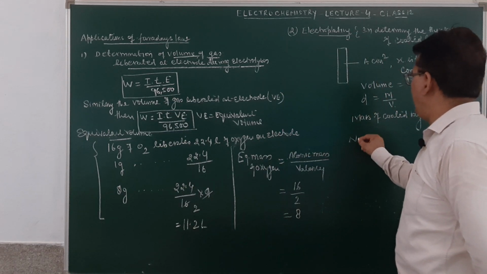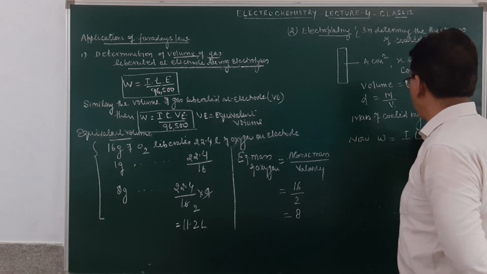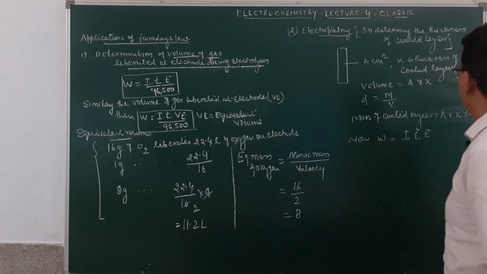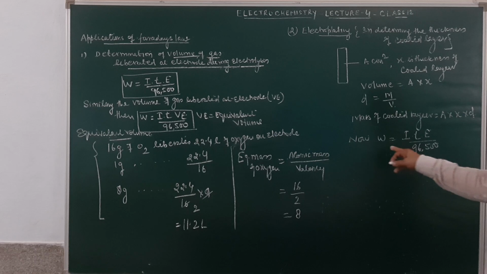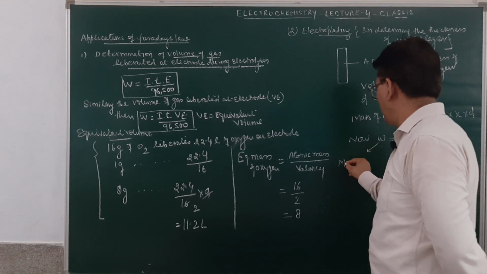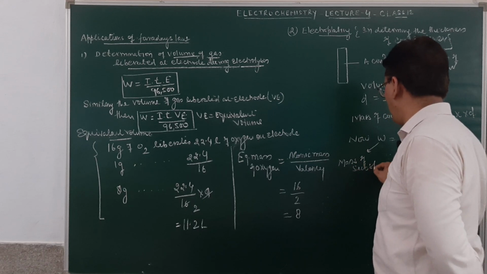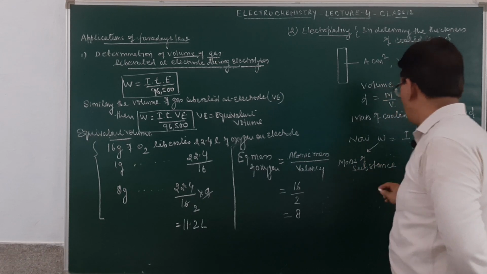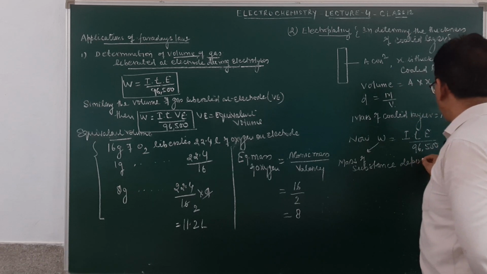Now, W is equal to I into T into E upon 96,500 coulomb. This is the mass of substance deposited. W here is the mass of substance deposited.